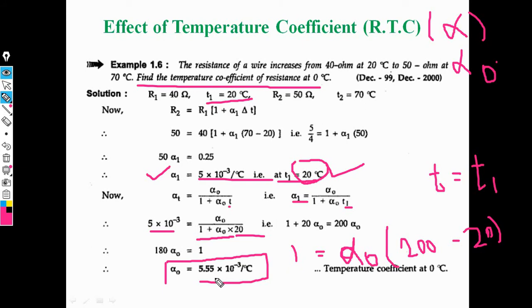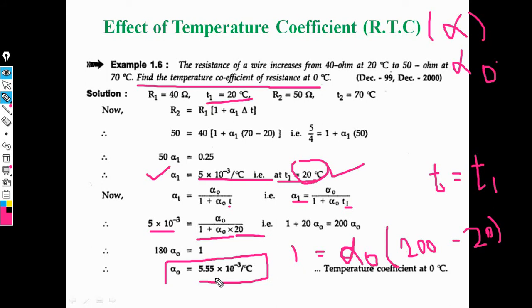Now in this problem, first we need the values of R1, R2, T1, T2. We need the formula R2 is equal to R1 into bracket 1 plus alpha 1 delta T, where delta T means change in temperature, that is T2 minus T1. In this equation we have to obtain alpha 1.